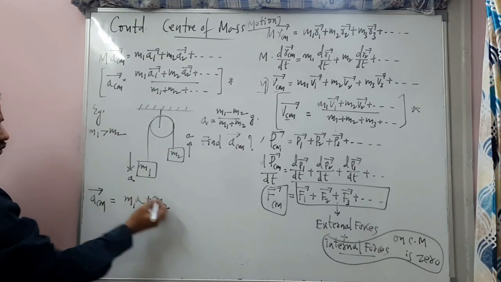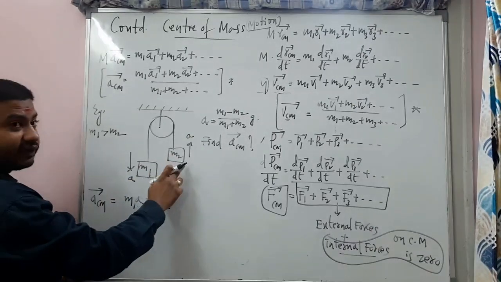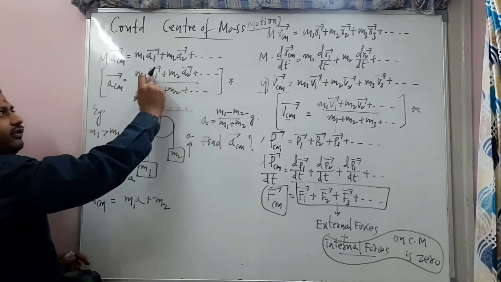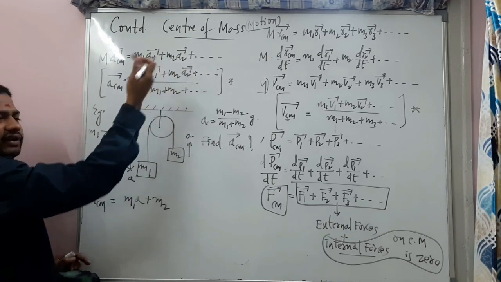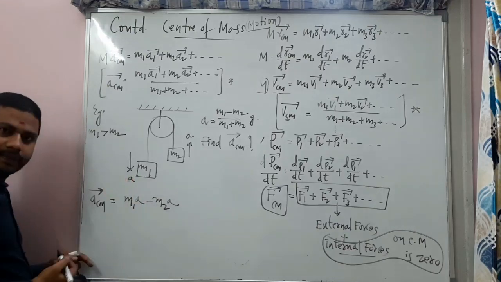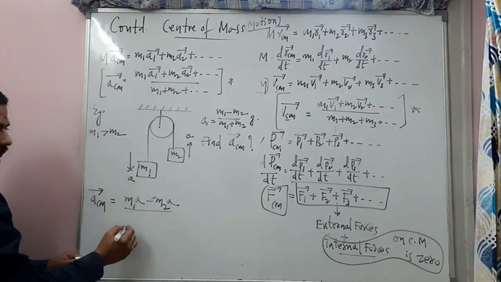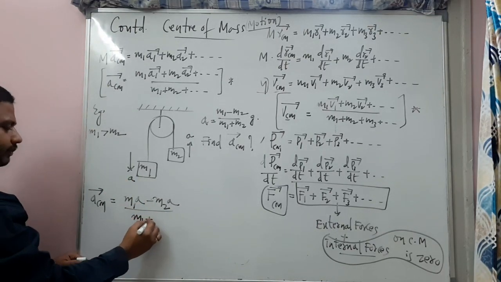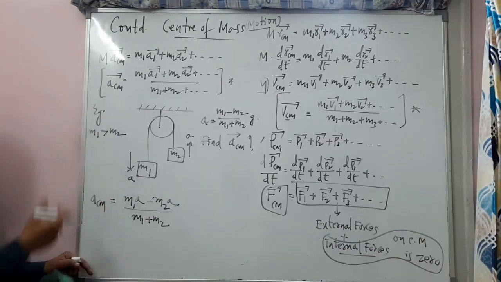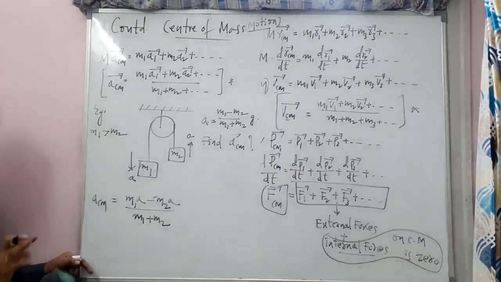Second body is moving with an acceleration upwards. So as acceleration is a vector quantity, one direction is taken as positive, the other one must be negative. So this is a, this is minus a, divided by m1 plus m2. Simple, right? We are writing the magnitudes, direction already kept.